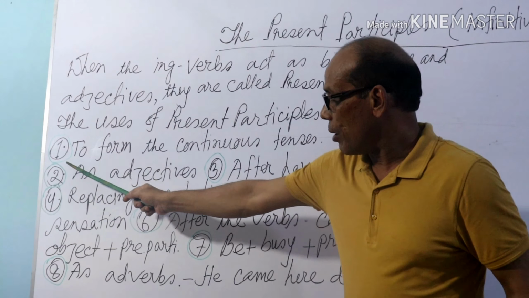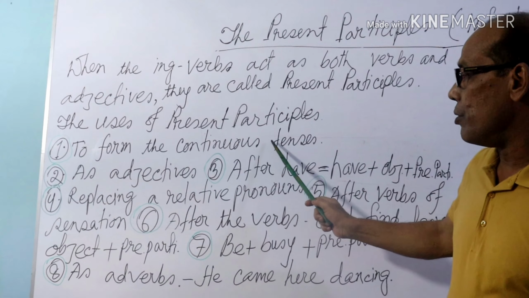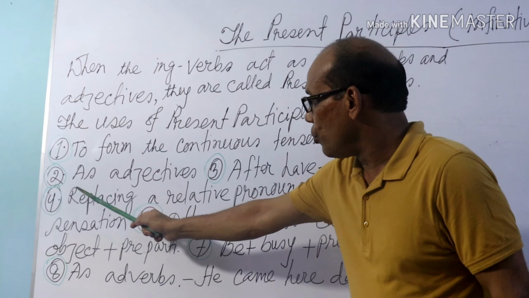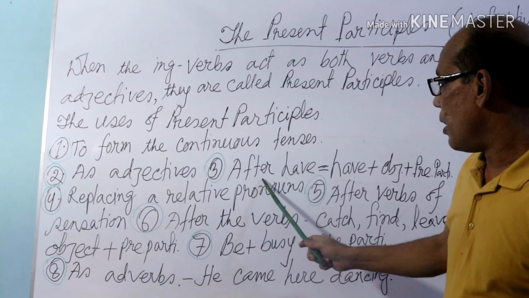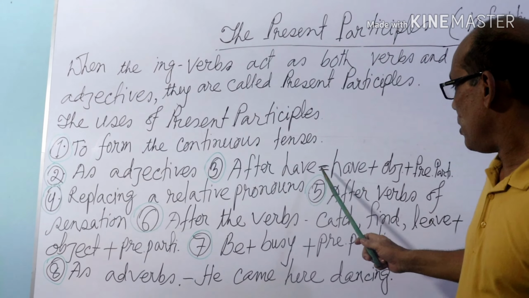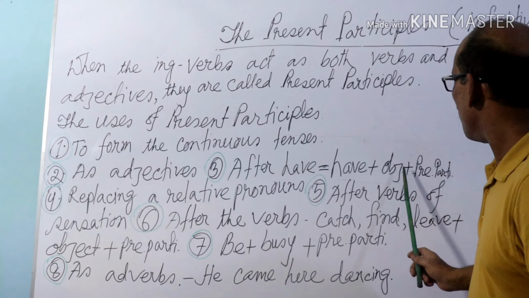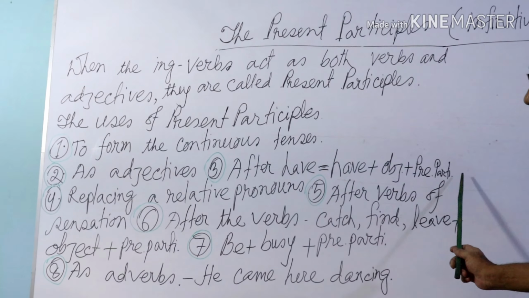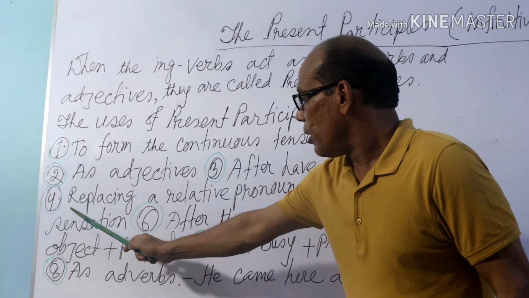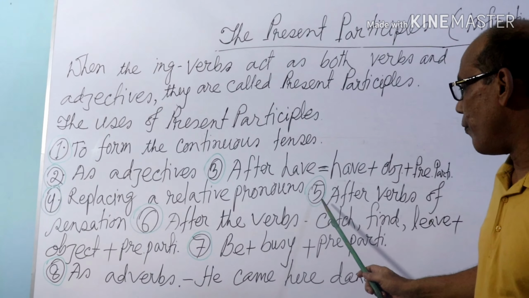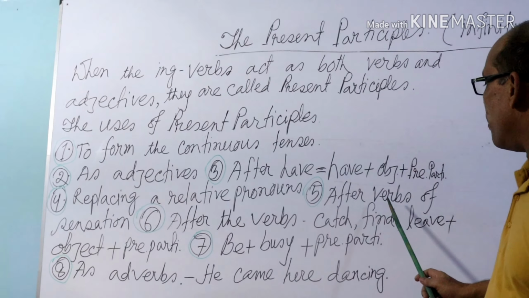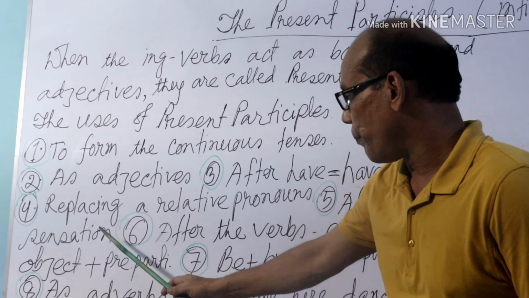Here you see, number one, to form the continuous tenses. Number two, as adjectives. Number three, after have: have plus object plus present participle. Number four, replacing a relative pronoun. Number five, after verbs of sensation.